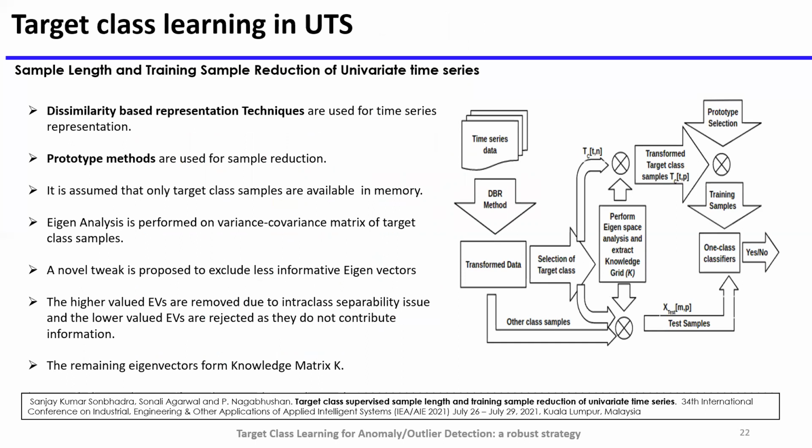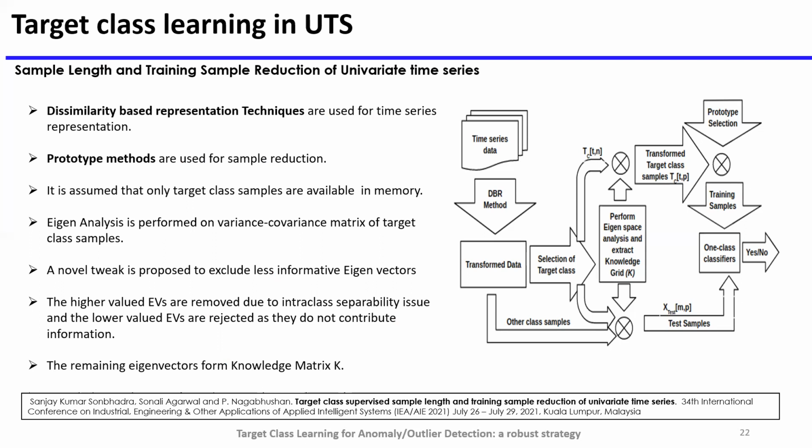And the result was promising. At the same time, we talk about temporal data, that means time series data. As we have seen, most of the work so far was dedicated towards multivariate time series analysis. But this work has been proposed toward univariate time series, where a single variable is observed n number of times.